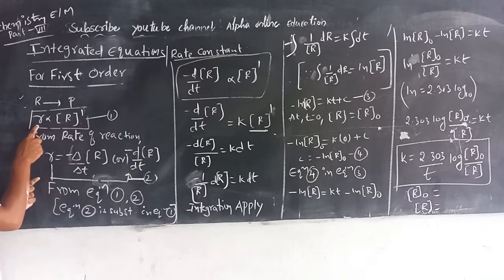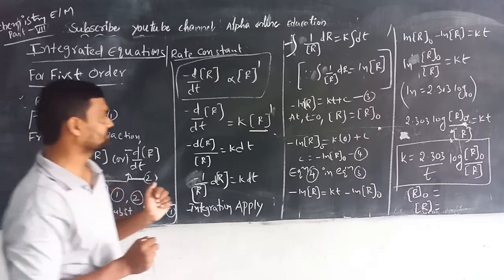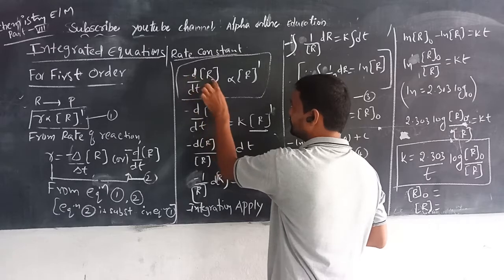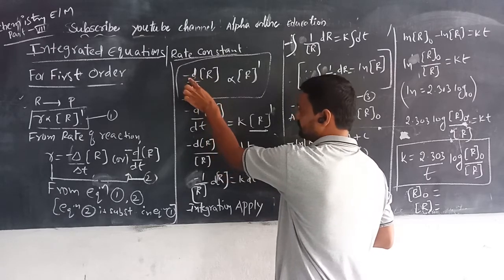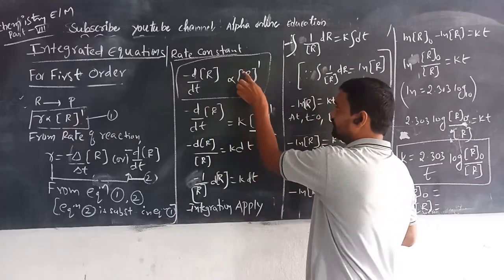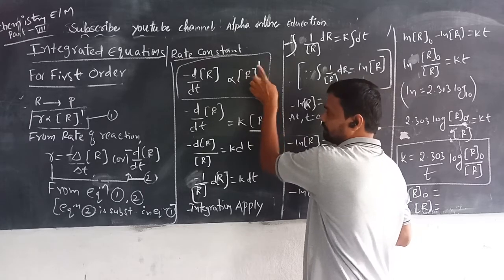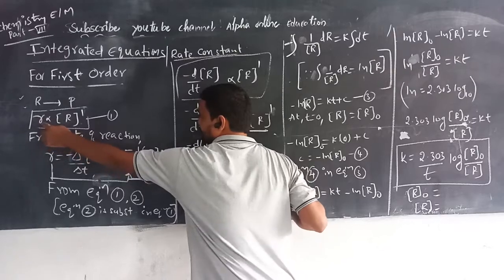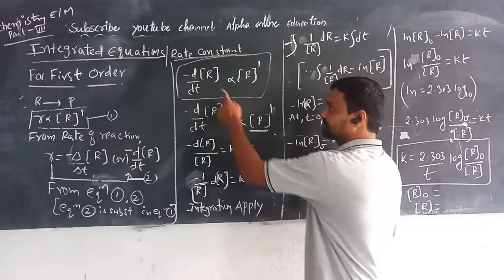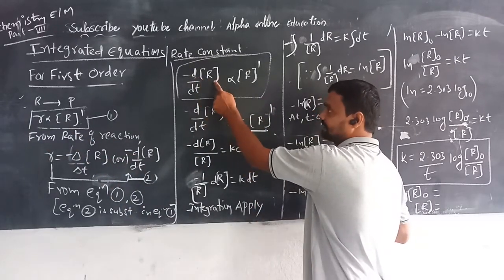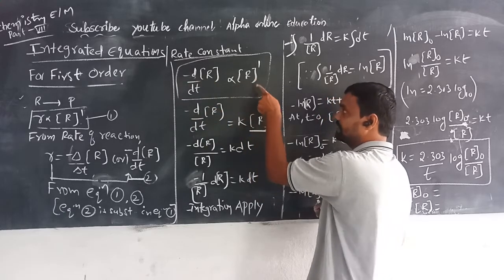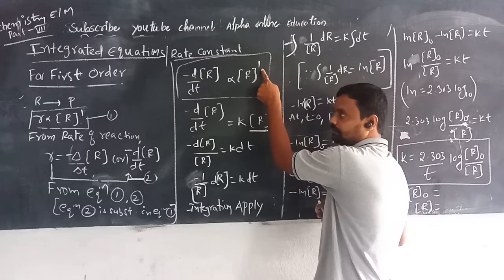In place of R, we substitute minus d by dt of the reactant concentration. The remaining is the same: proportional to the reactant concentration power 1.